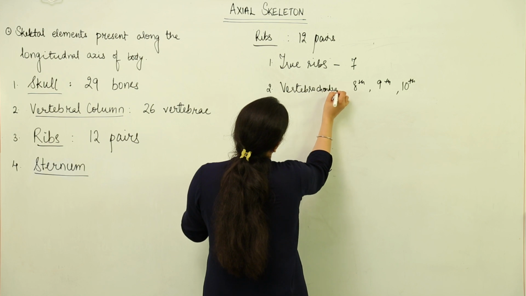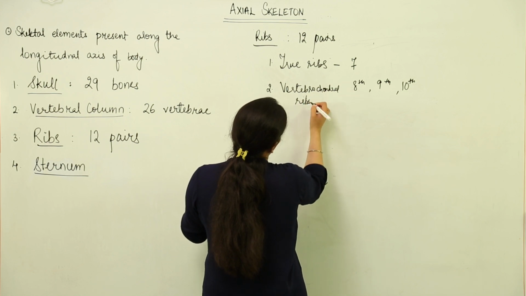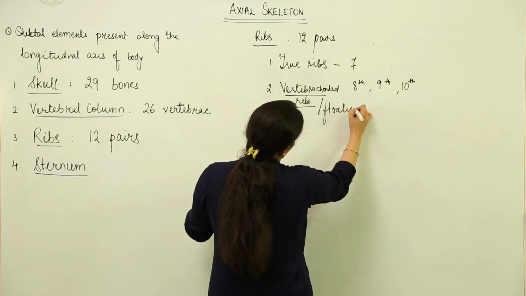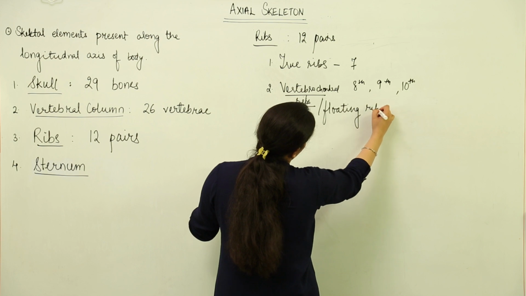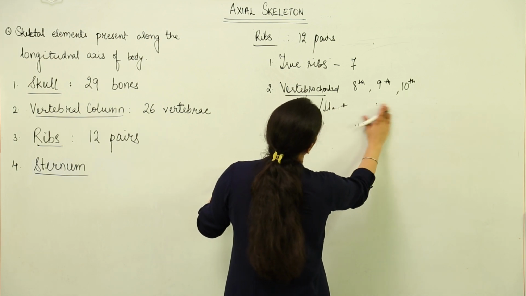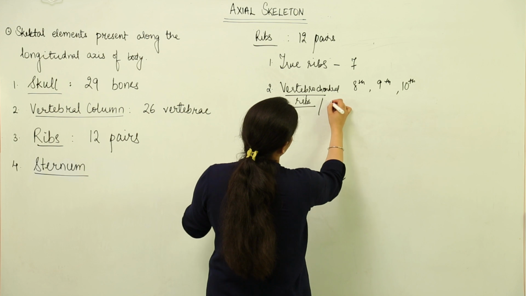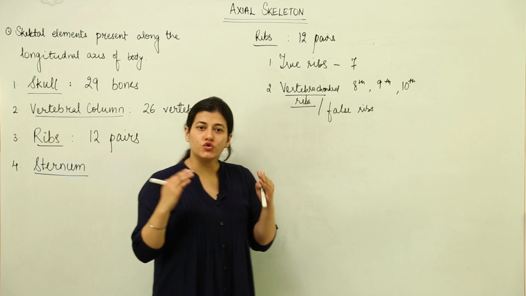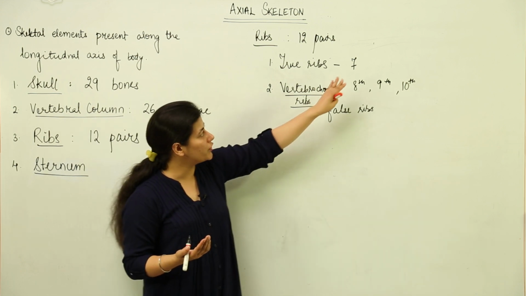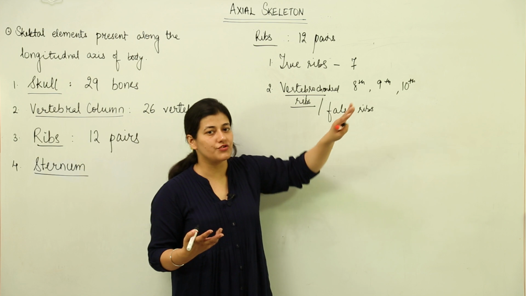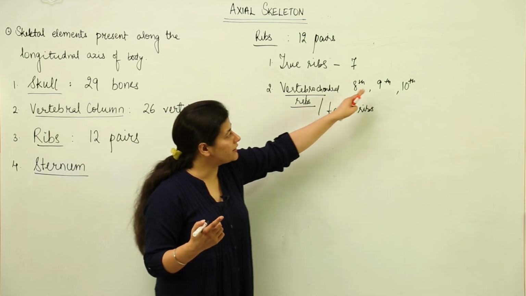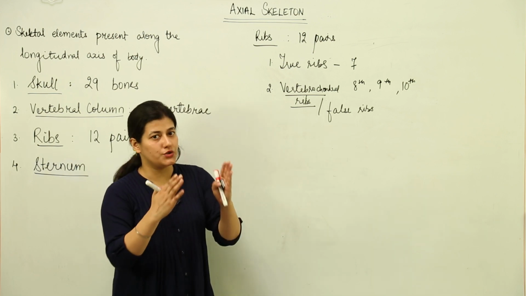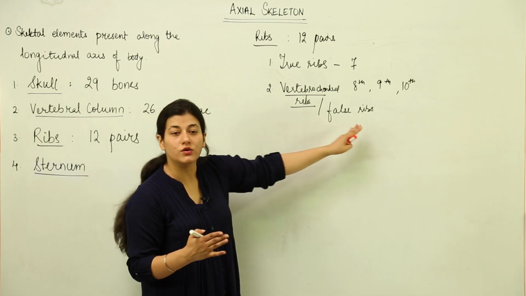Now these vertebrochondral ribs are otherwise known as false ribs. They are joined to each other, and at the same time they are joined to the 7th rib. All these 8th, 9th and 10th start from the vertebral column, they are joined to each other, and then they are joined together to the 7th rib, and that is why they are known as false ribs.